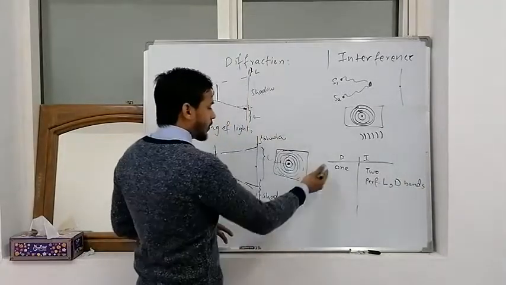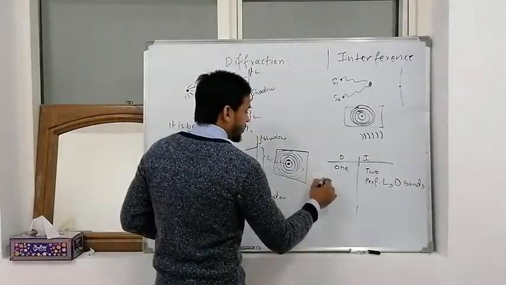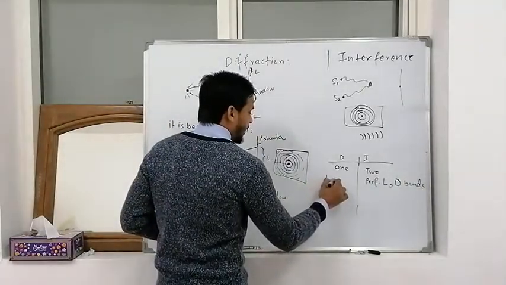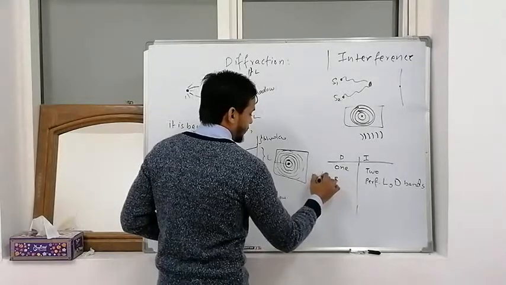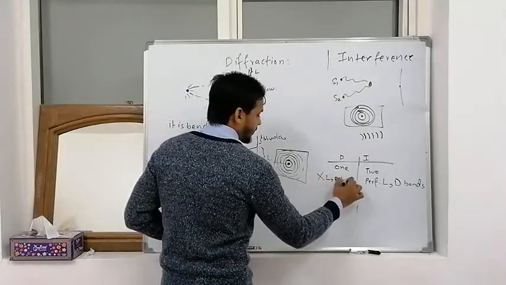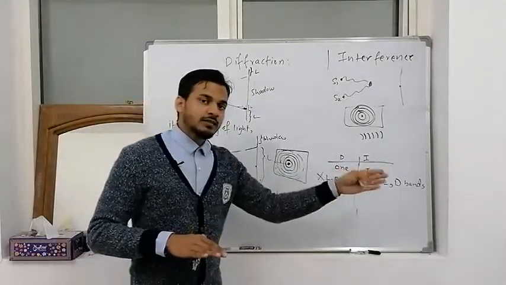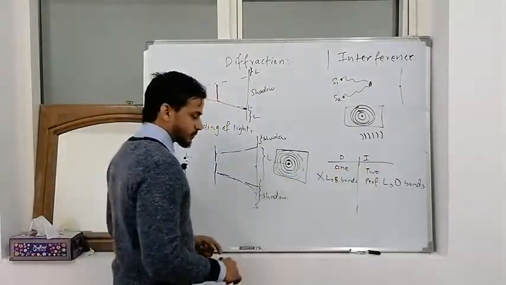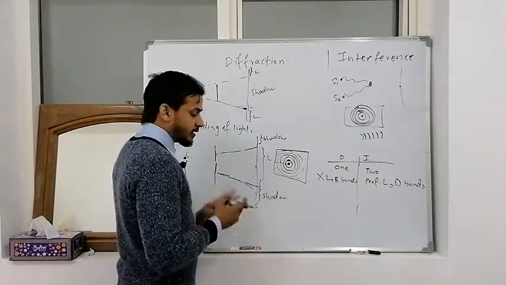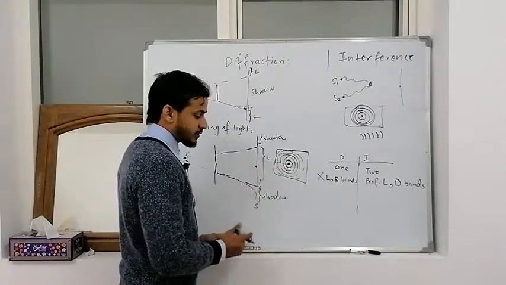In diffraction we don't have perfectly light and perfectly dark bands; as we go out radially from the center, the intensity decreases. Understand?